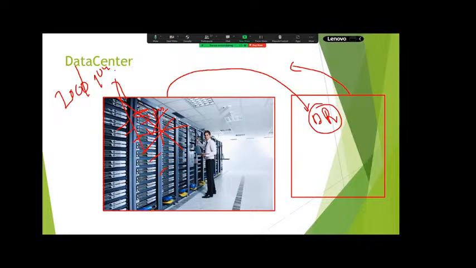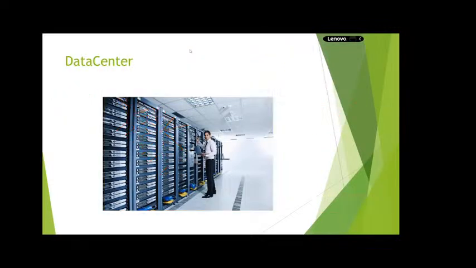Even though the World Trade Center was collapsed by terrorists, they haven't lost any data, only the physical building was damaged. That's it. In the same way, to keep our data safe and secure, we need to maintain disaster recovery.